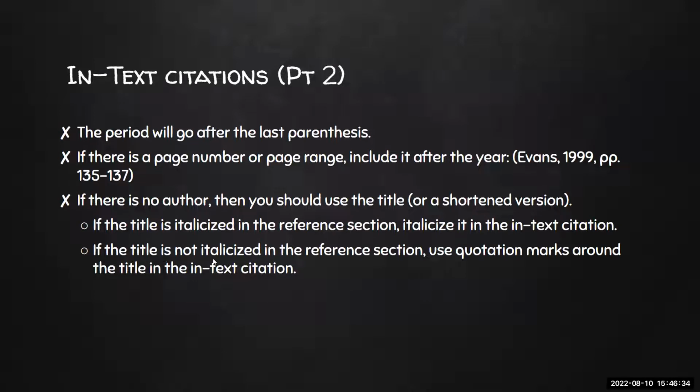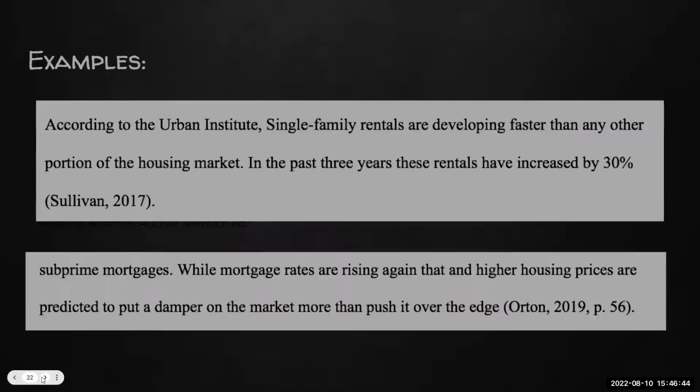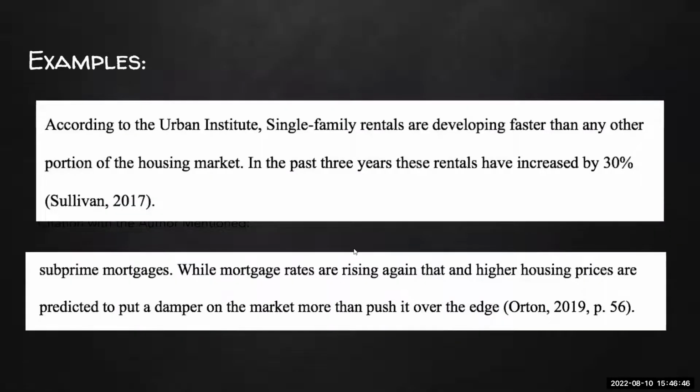If the title is not italicized in the reference section, then you will use quotation marks around the title in the in-text citation. And here we have an example of an in-text citation. Here we have one with just the author's last name and the date. And here we have one with the author's last name, the date, and the page number.